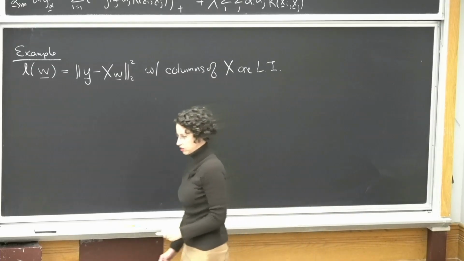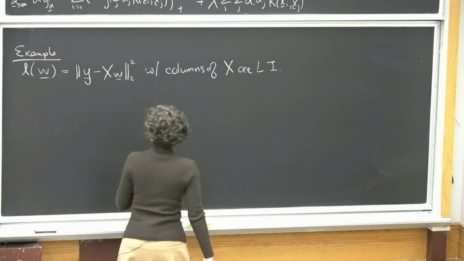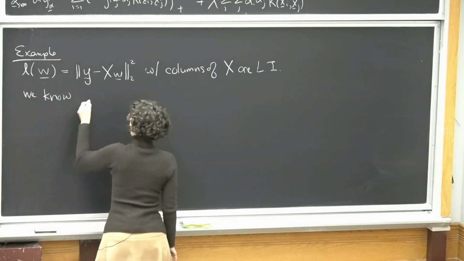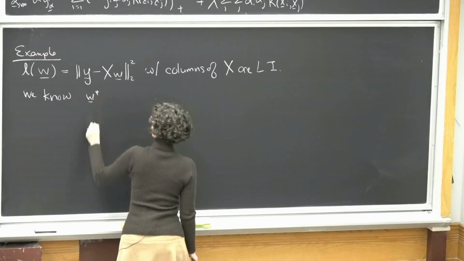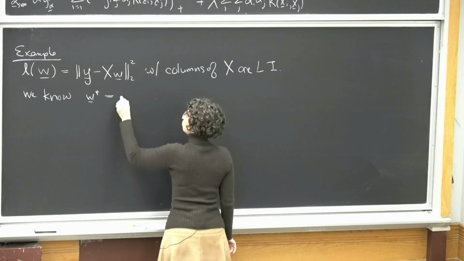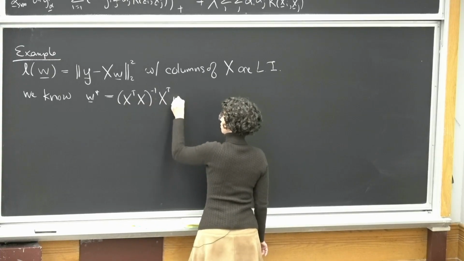So this is a convex function, as we talked about before. And in this setting, we've derived that the weight vector that solves this optimization problem is equal to x transpose x inverse x transpose y.